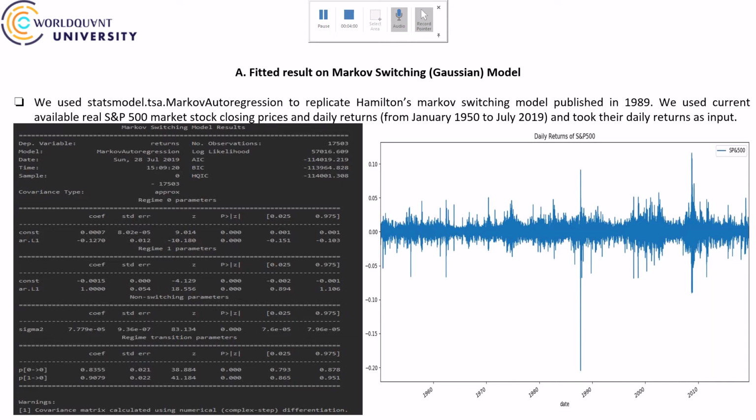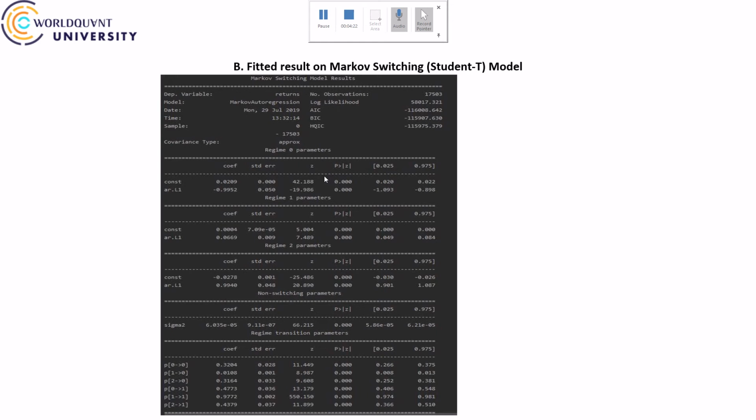For the same data set, the S&P 500 market stock closing price, if we fit the same data using the Markov switching student T model, the result here is that we get an AIC equal to minus 1160.642.